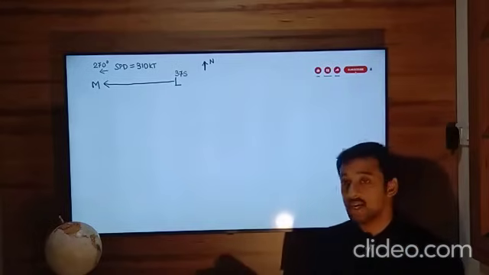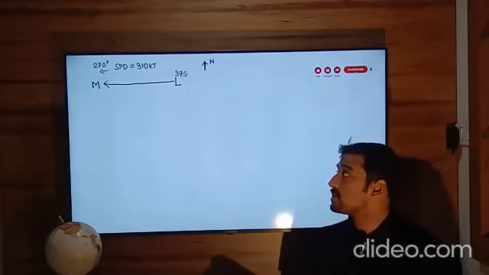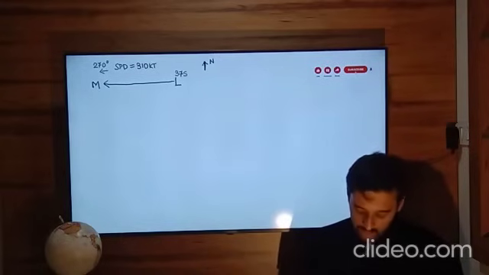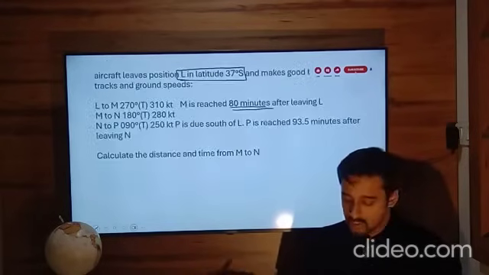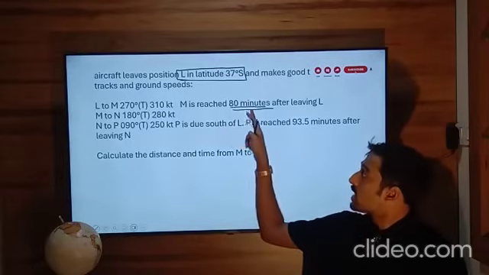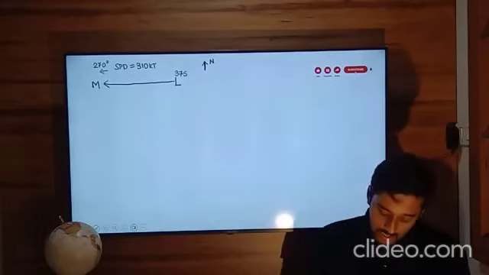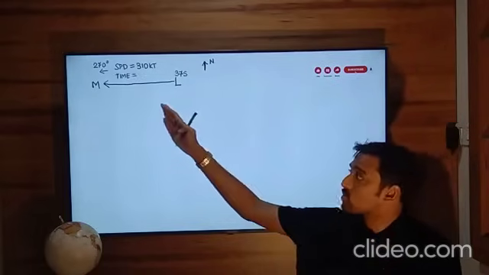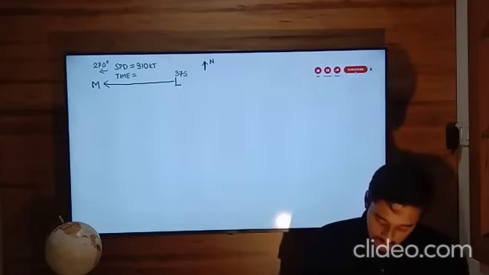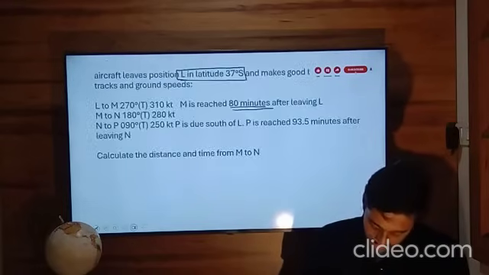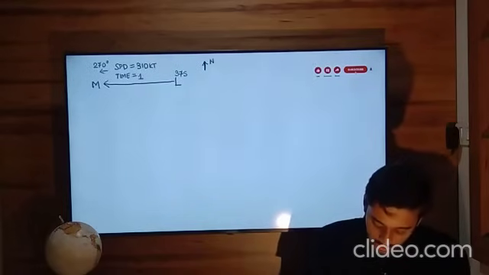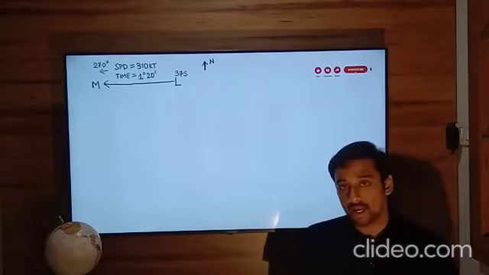It is going in westerly direction at a speed of 310 knots. The next piece of information says M is reached 80 minutes after leaving L. That means the time that we have in traveling from Lima to Mike is 80 minutes, 1 hour 20 minutes.